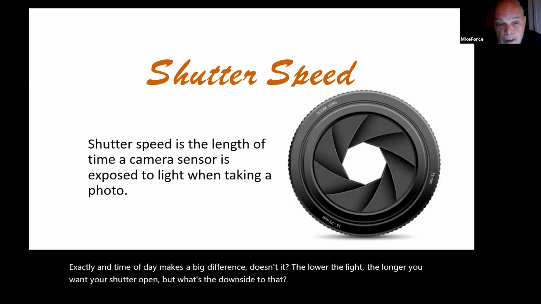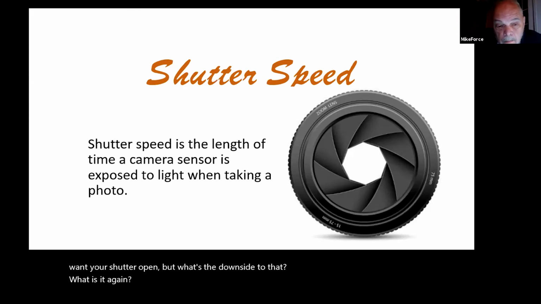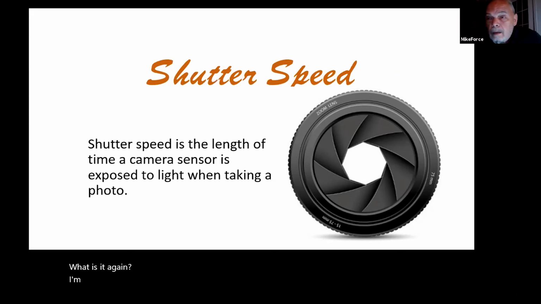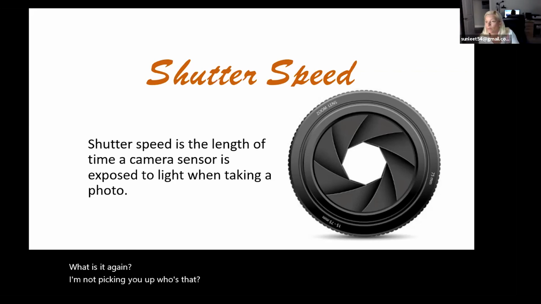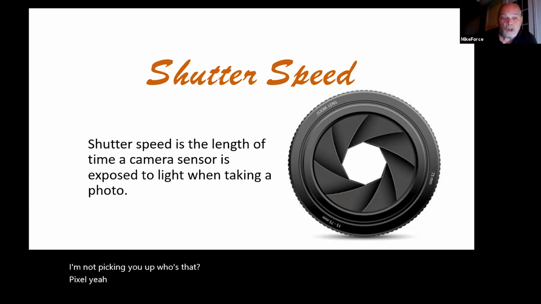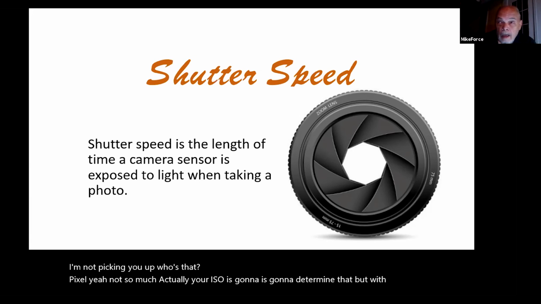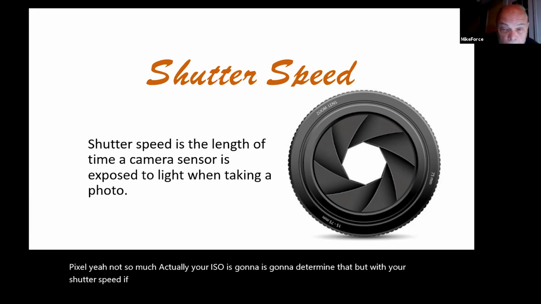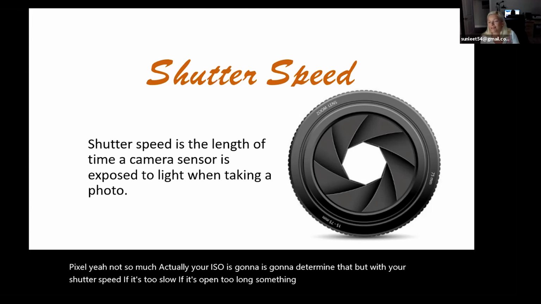Not so much. Actually, your ISO is going to determine that. But with your shutter speed, if it's too slow, if it's open too long, something moves. Yeah, something moves. You get a blur.